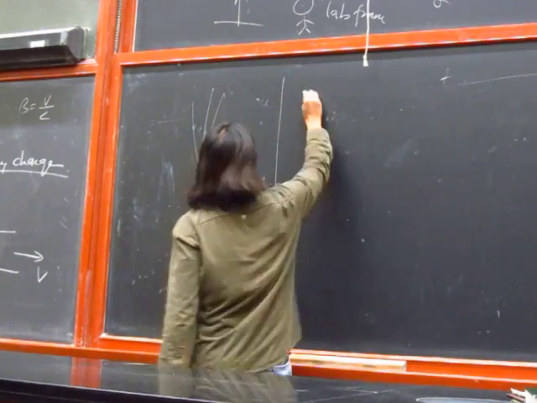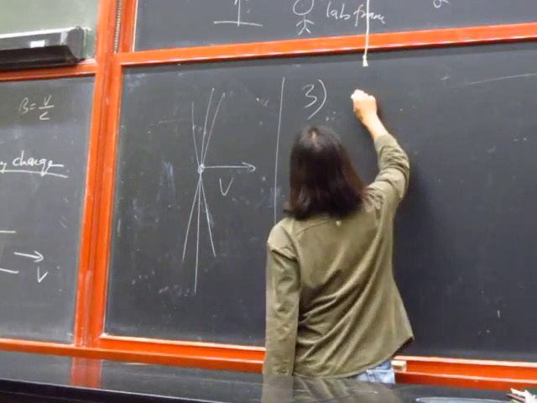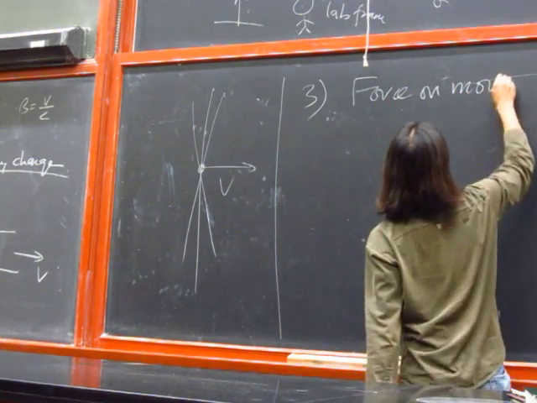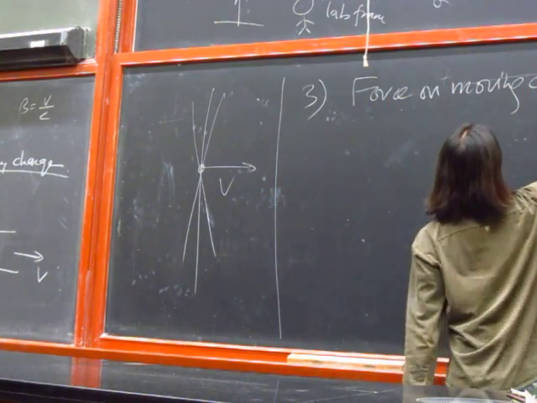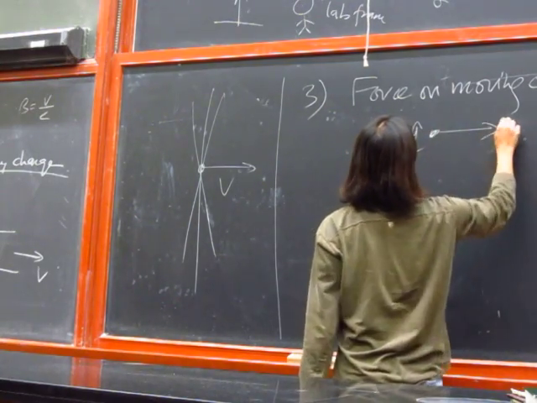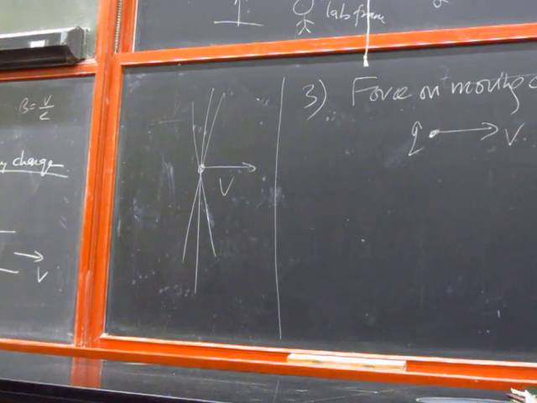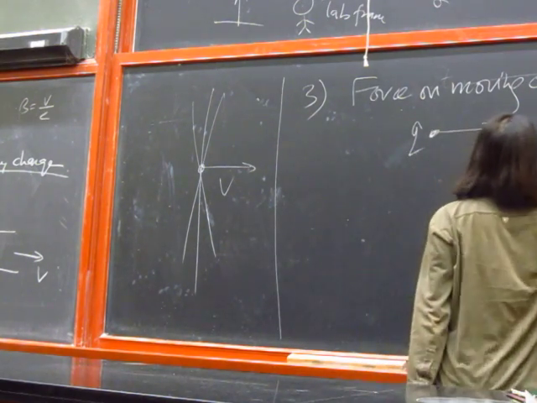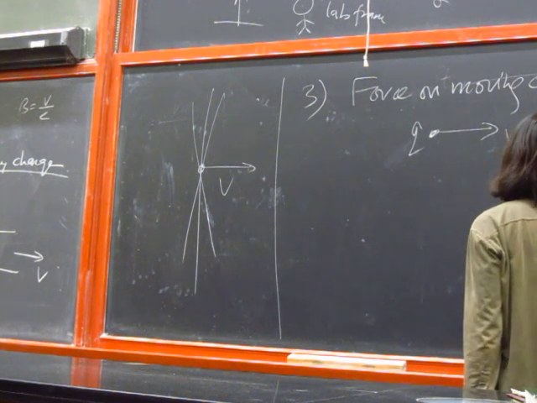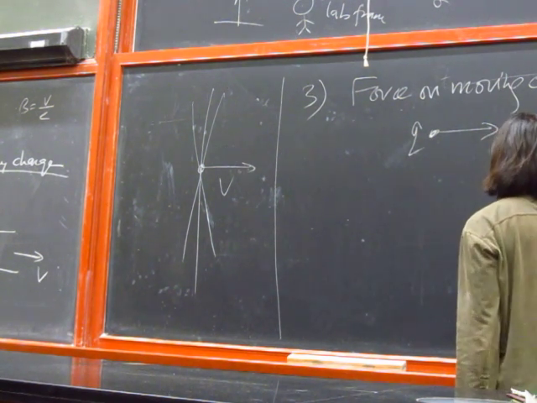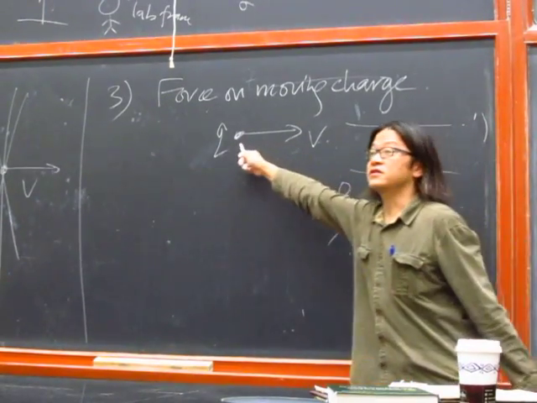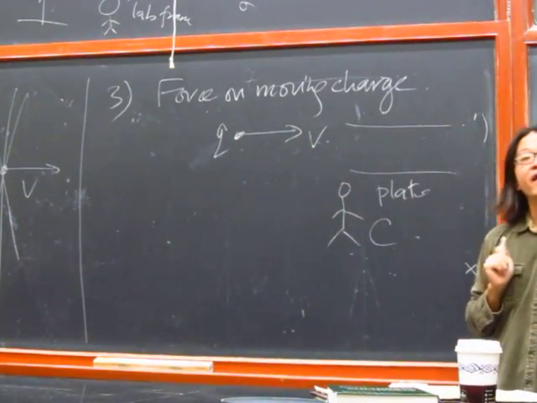Case number 3 is the force on moving charges. Suppose I have Q moving at some velocity v, and then it encounters a parallel plate. This parallel plate belongs to Charlie, so it's stationary. What's the force on this guy?